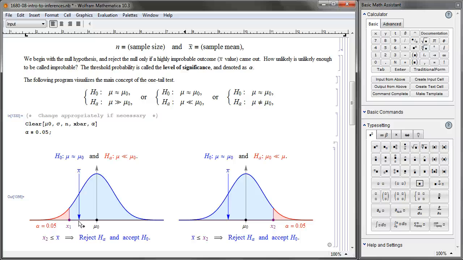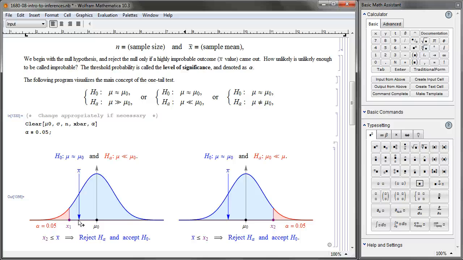And x bar is this time close enough to null. Null is mu naught. So we're gonna assume that x bar explains null pretty well. They match very well. Consequently, we're gonna accept H0, the null hypothesis, and we'll reject alternative hypothesis HA.